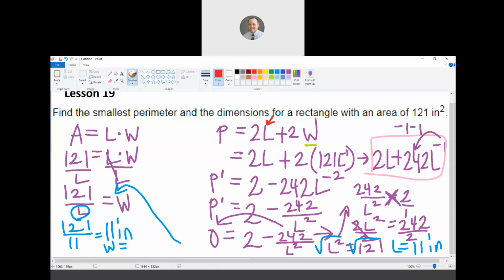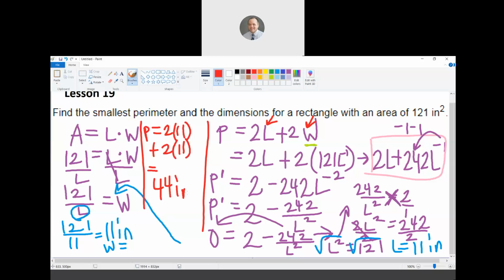And you can plug in your length and your width back into the perimeter formula. So that would be 2 times 11 plus 2 times 11. And when you figure this out, you get 44 inches for the smallest perimeter.